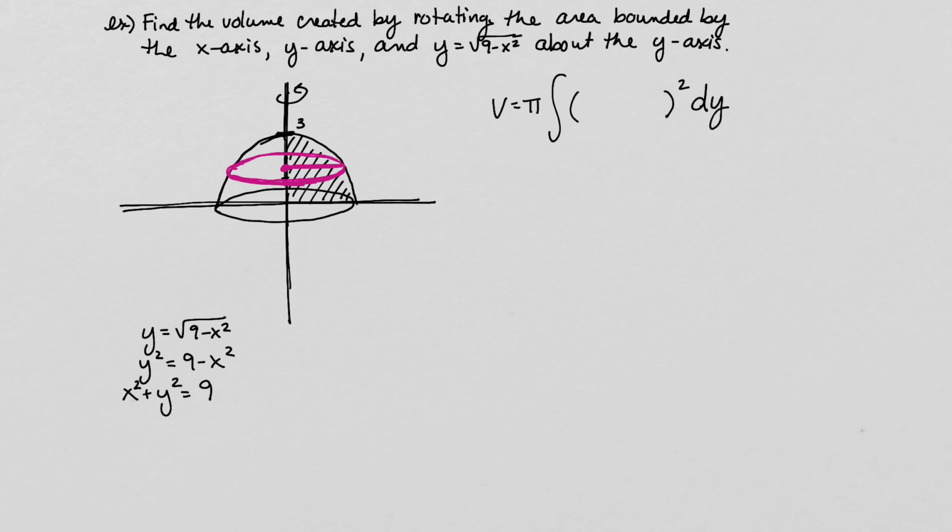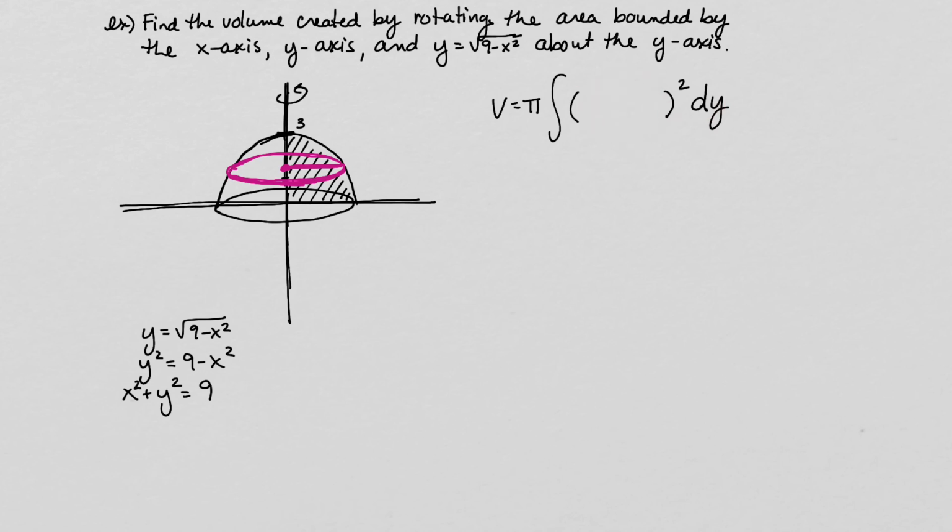As soon as I see dy, that means what I put in here for the radius must be in terms of y. My radius right now is in terms of x, so I cannot just plug it in here, because I'd have x's in this part but dy, and that's an issue. If I have a dy out here, I need to have y stuff in here.